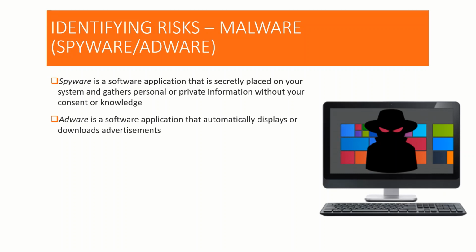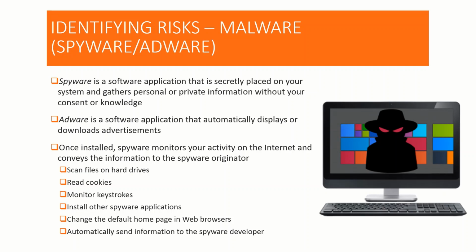Spyware can also be placed on your system by a virus or by an application downloaded from the internet. Once installed, spyware monitors your activity on the internet and conveys the information to the spyware originator. The originator can then gather website usage, email, and even password information from your system, then use it for advertising purposes or malicious activities.